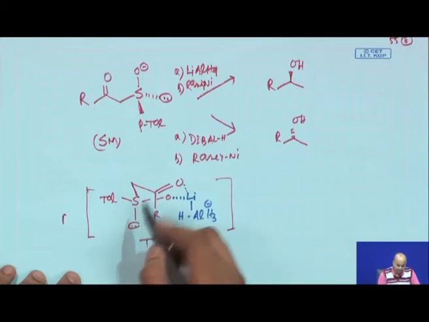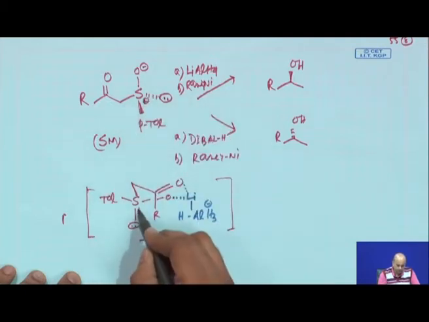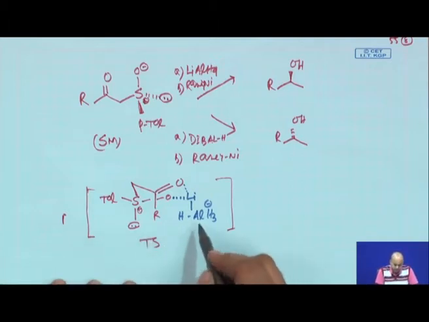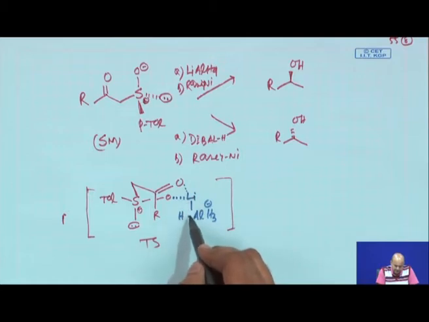The sulfur, you can write it as S plus, the chirality remains similar. Now, as this is basically a chelation, where will this hydride attack from?